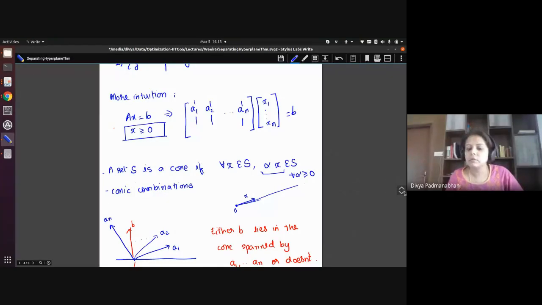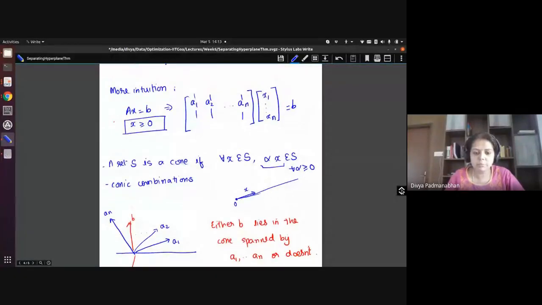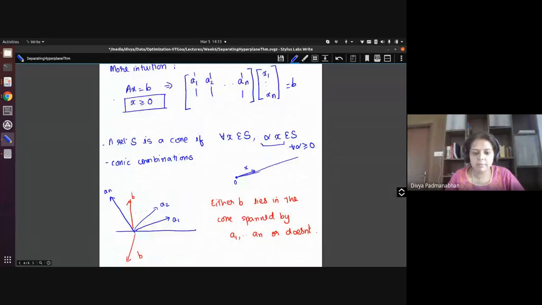So what they're saying by this statement here is that B lies in this cone spanned by the vectors a1 to an. To show it pictorially, suppose a1 to an are some vectors. Now everything that you can write as a positive combination of these will basically be everything in this whole space.